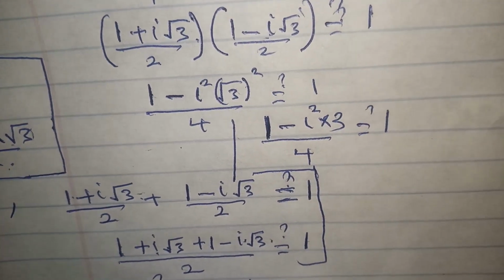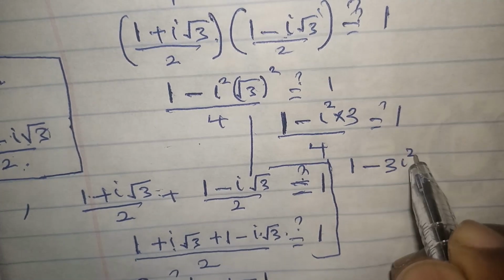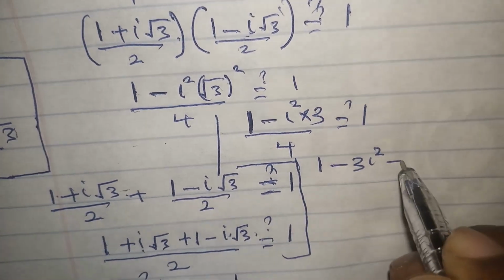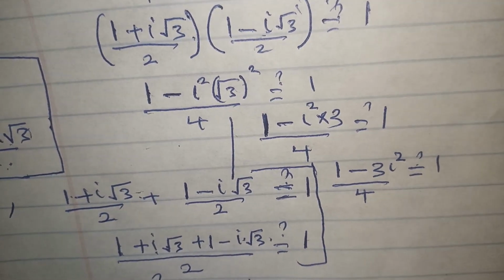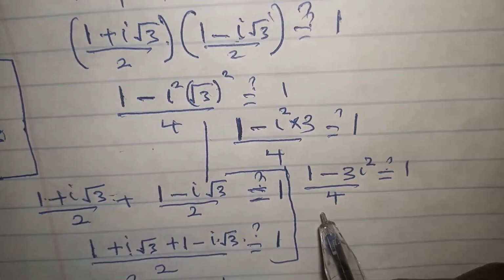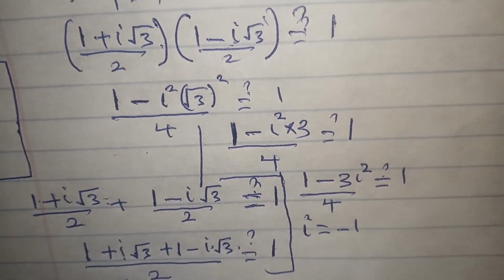So I'm going to have 1 minus 3i squared over 4, where my i squared is equal to minus 1.